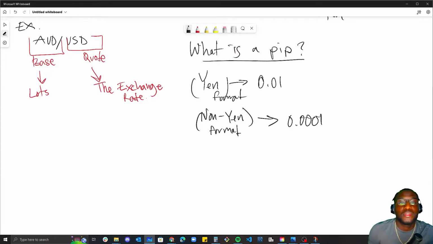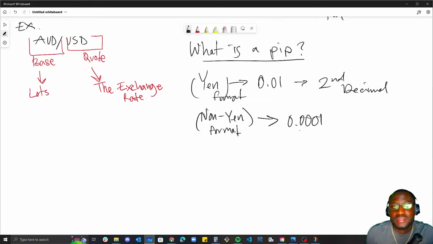Bam. So we've got the yen format and the format for any other currency. This is the way it's written, to the 4th decimal place. This is to the 2nd. And this is to the 4th.